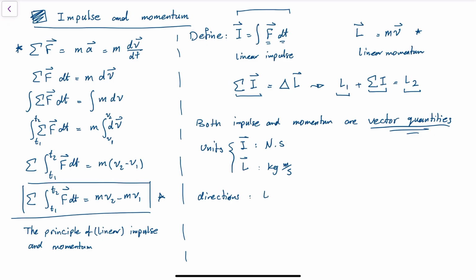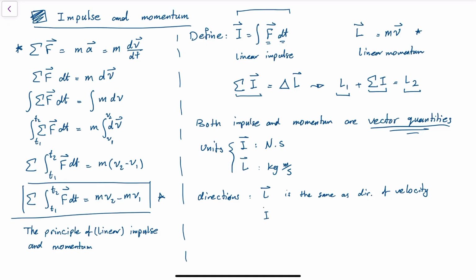For momentum, the direction is the same as the direction of velocity of the particle. And that is because mass is a scalar. A scalar multiplied by a vector just changes the size of the vector, but does not change its direction.